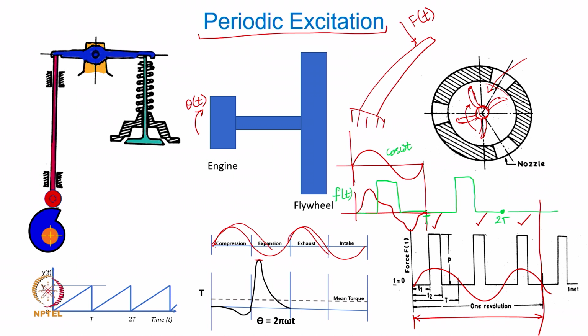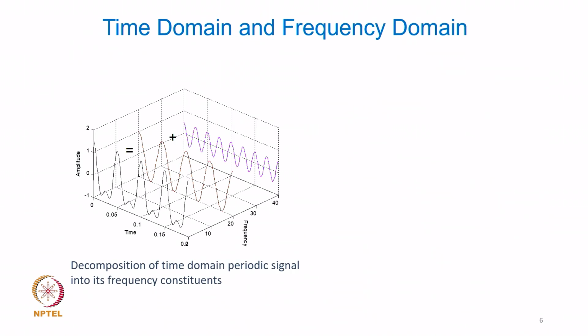The only thing is that the mathematical function that defines this variation of F as a function of time cannot be simply written as a single frequency function, a harmonic function or a cosine or a sine function. So, this is precisely what we are going to look at.